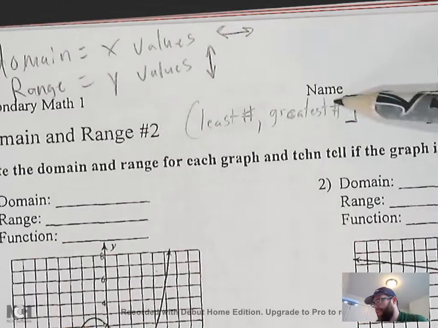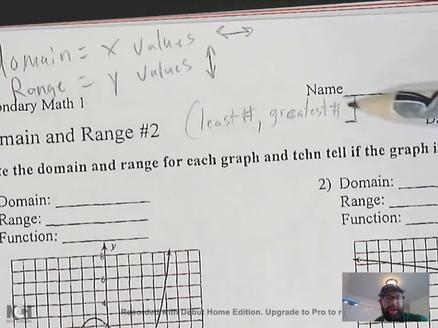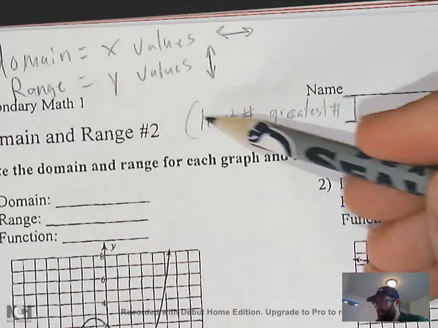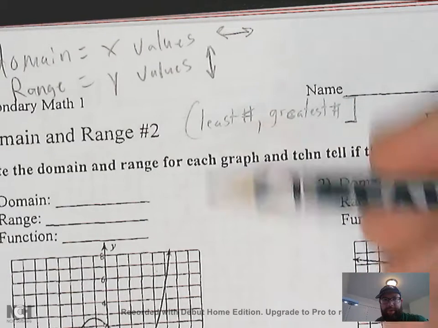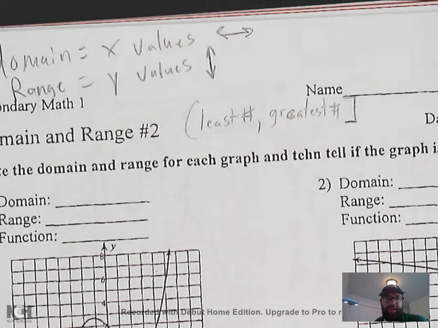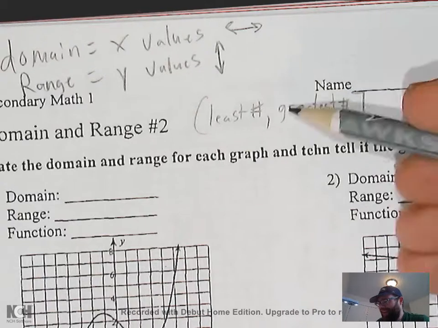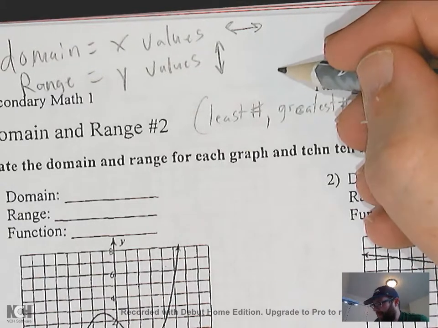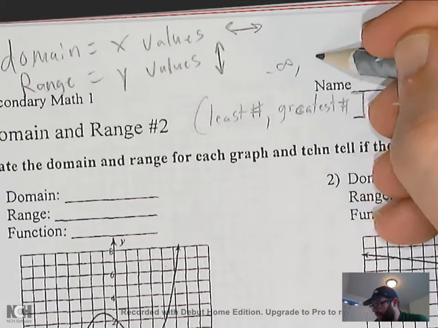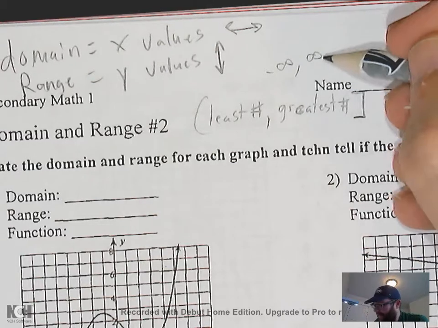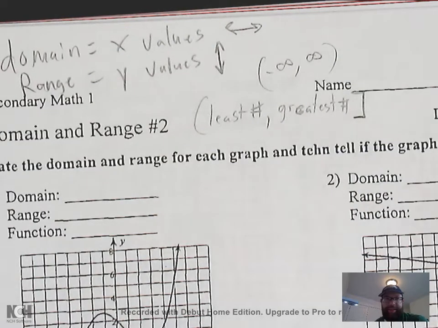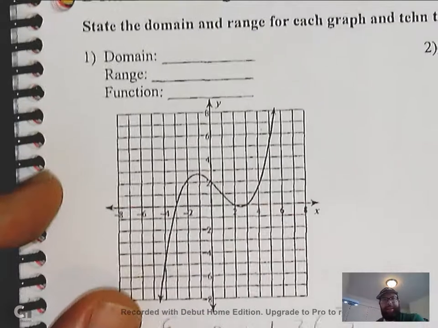Depending on whether it was equal to that final number or not, you used a bracket or a parenthesis. If it didn't quite equal it, you used a parenthesis. If it did equal it, you used a bracket. We're going to be doing similar things. Also a reminder: if it was ever negative infinity or infinity, you can never equal those, so those always had parentheses.